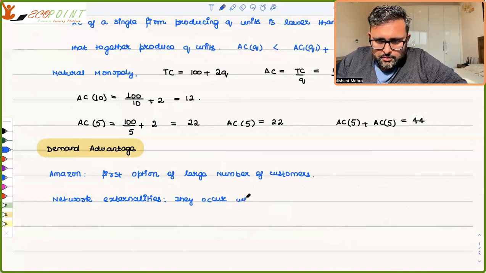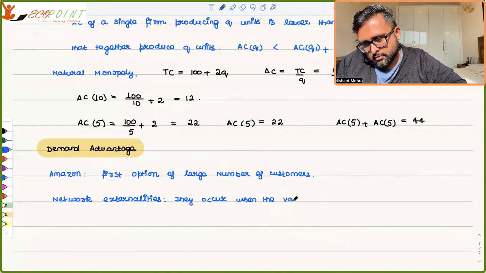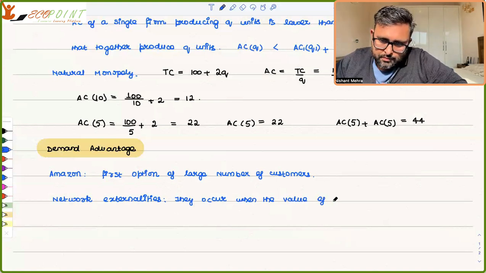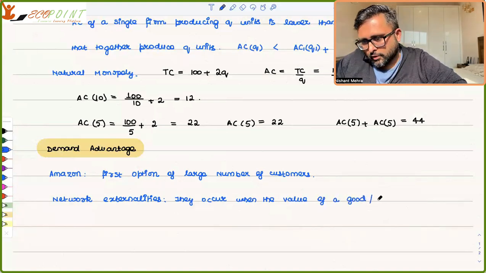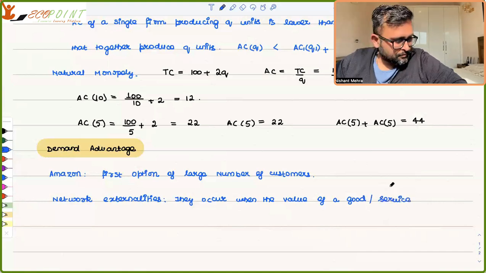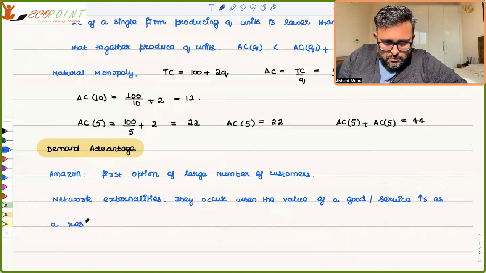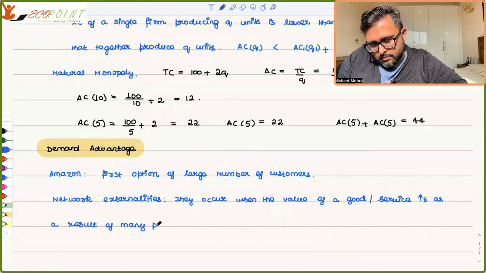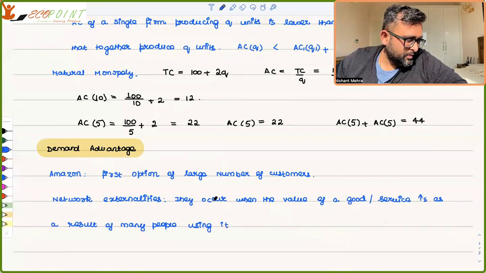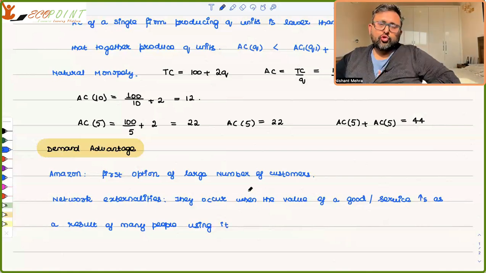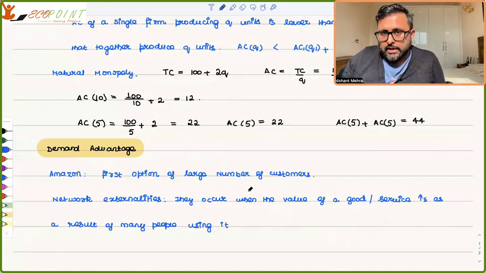When the value of the good or a service increases as a result of many people using it, right? सो जो जितने ज्यादा लोग उसको अडॉप्ट कर लेते हैं, वो चीज उतनी ज्यादा अट्रैक्टिव लगने लग जाती है, राइट? सो टू द न्यू कंज्यूमर्स ऑल्सो, दे विल ऑल्सो थिंक, आई डोंट नो, दिस थिंग इज गुड, we should go to this thing only.